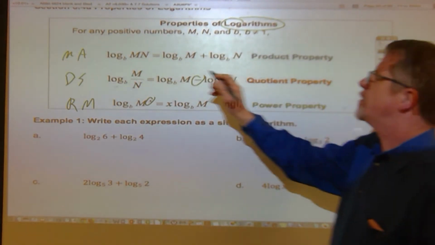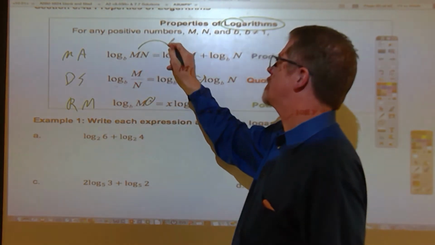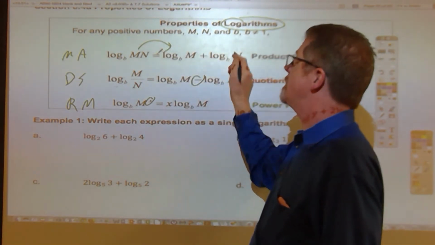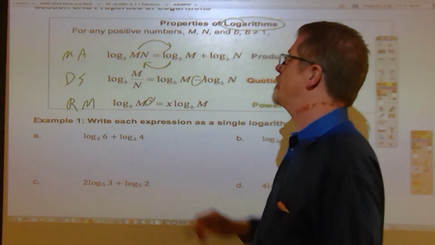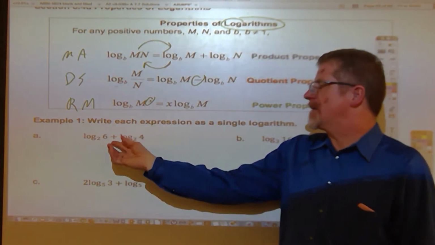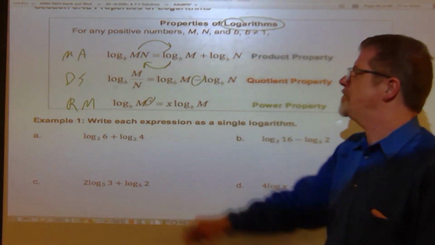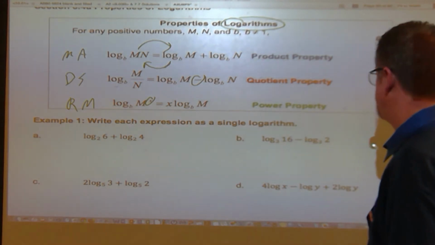By the way, these equations operate in two directions. They're two-way equations. If you're given this half, you have to move to the right. Sometimes you'll be given the right half and you're going to have to move and replace it with the left. Like for example, here, we have a sum of logs. Well, a sum of logs is the same thing as the log of a product.